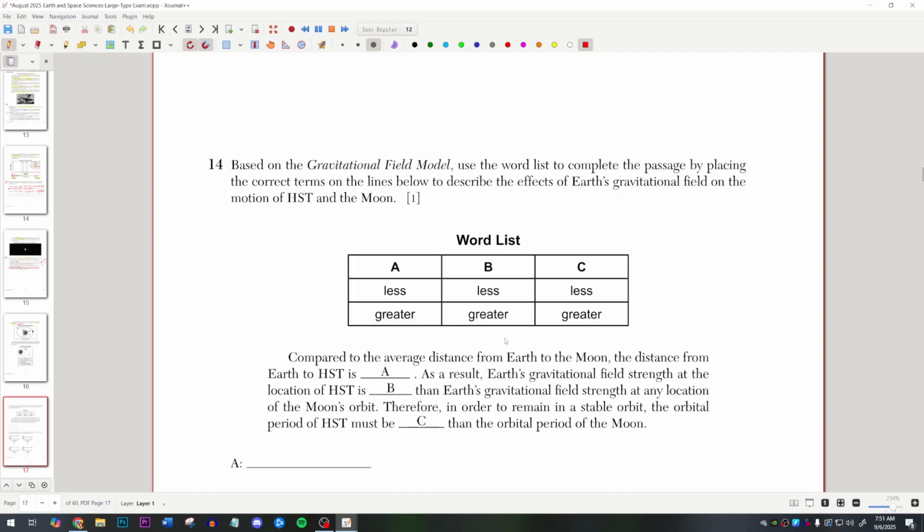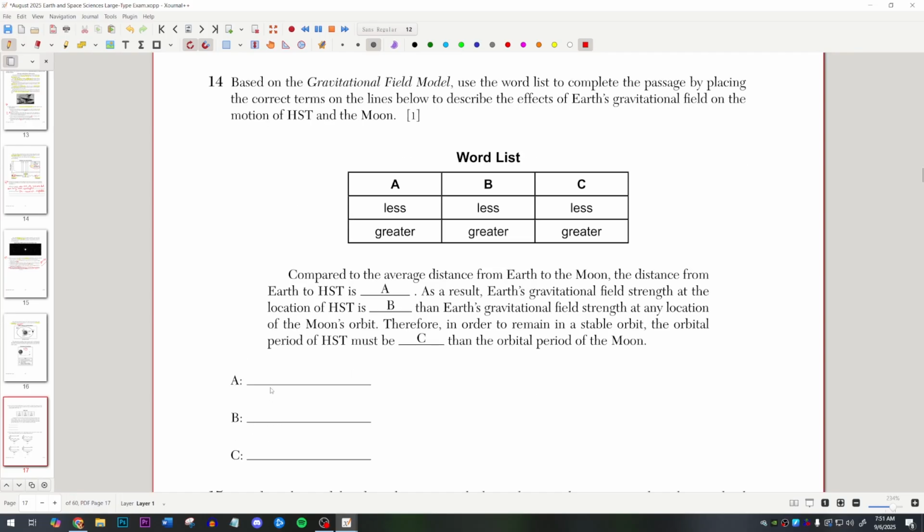The average distance is less. As a result, the gravitational field strength at the location of HST should be greater because it's closer to the Earth. The closer you are to the body in space, the higher the gravity. Therefore, in order to remain in stable orbit, the orbital period of HST must be blank than the period of the Moon.